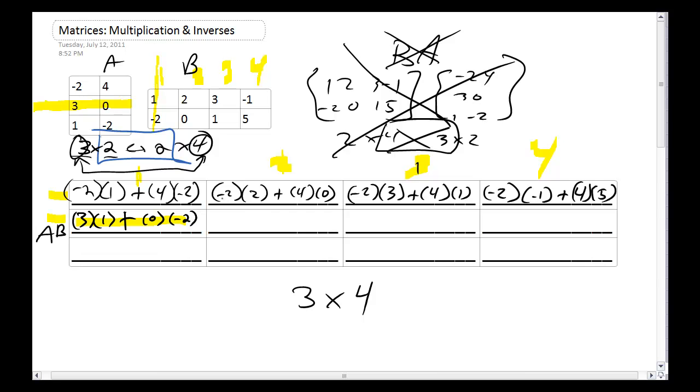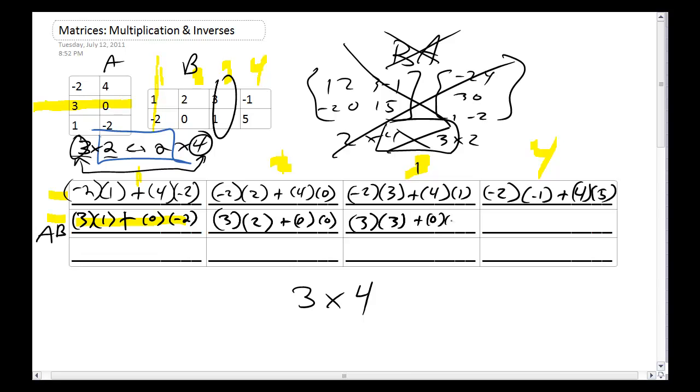For the second column, I'm going to have 3 times 2 plus 0 times 0.